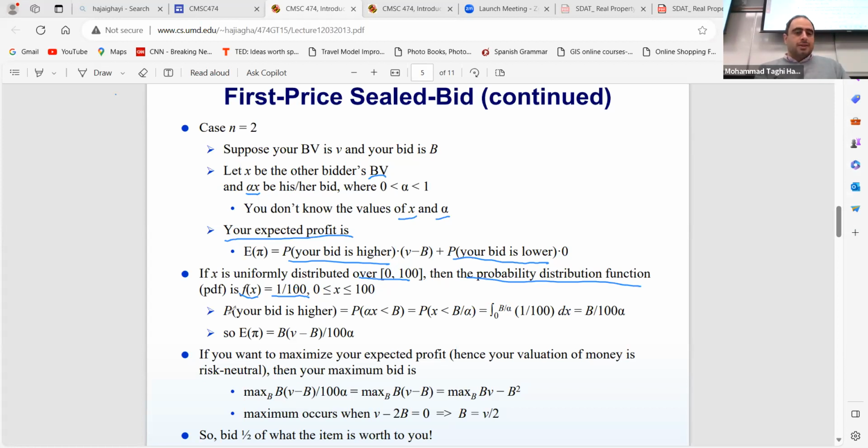Again, the probability that your bid is higher is the probability that alpha X is less than B. Why alpha X? Because X times alpha is the actual bid you get from the other person. That is equal to X less than B over alpha. You need to do the integration: anytime you want the probability of some range, you integrate over that range.